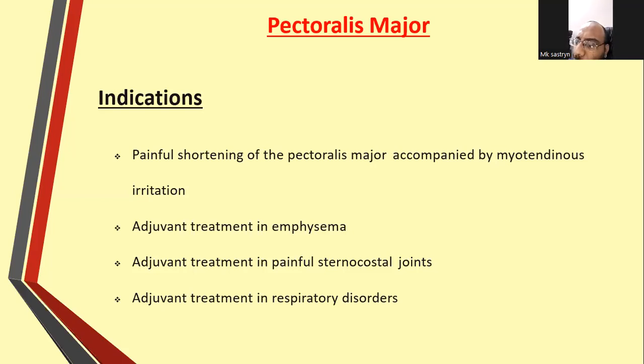The pectoralis muscle, in many cases, becomes shortened and it becomes very severe pain. Adjuvant treatment of the FICMA, adjuvant treatment for painful sternocostal muscle joints, and adjuvant treatment in respiratory disorders. So this is a very good treatment, especially in pectoralis major. So in pectoralis major, if you do this, you get a very good relief.